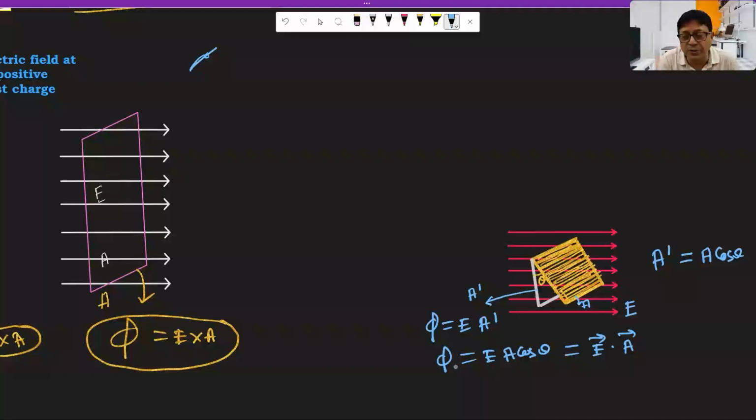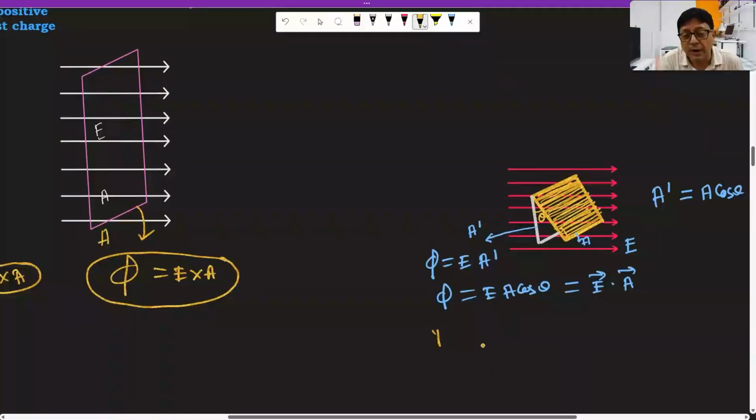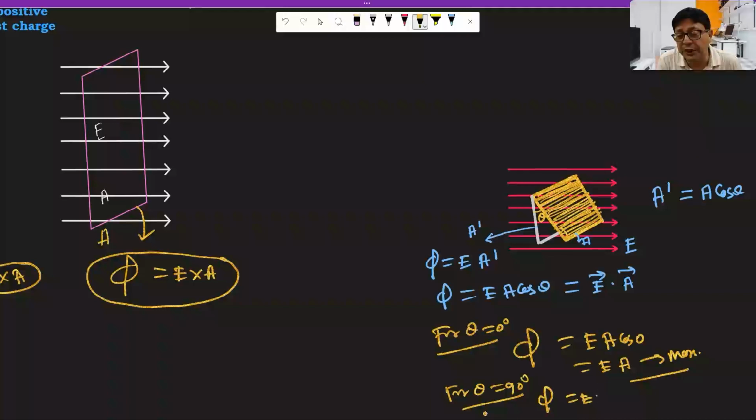Let us make some observations here. For theta equal to 0 degree, phi will be equal to E A cos 0. This is maximum. Okay. Maximum flux. For theta equal to 90 degree, phi will be equal to E A cos 90.